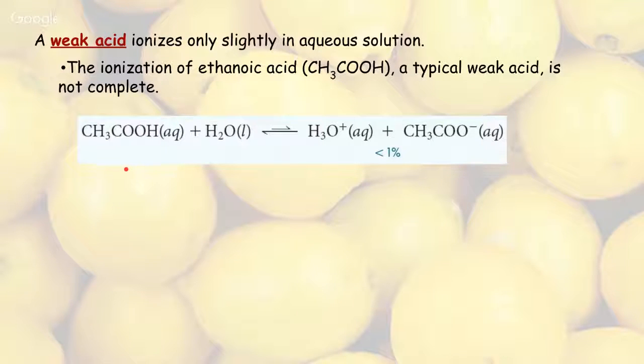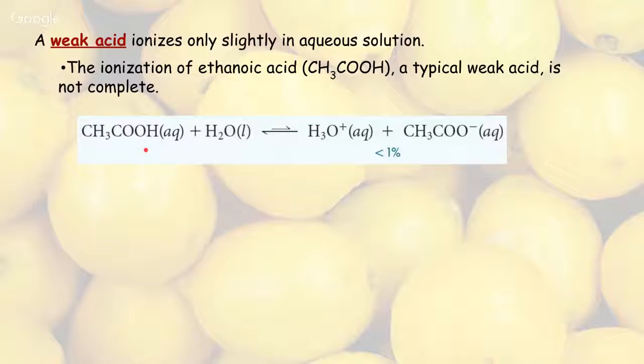So ethanoic or acetic acid, when we add it to water, we will get some hydronium and some acetate ions. But look at the direction of the equilibrium. The equilibrium favors the reverse direction, which means that it favors the ethanoic or acetic acid before it actually ionizes in the water.